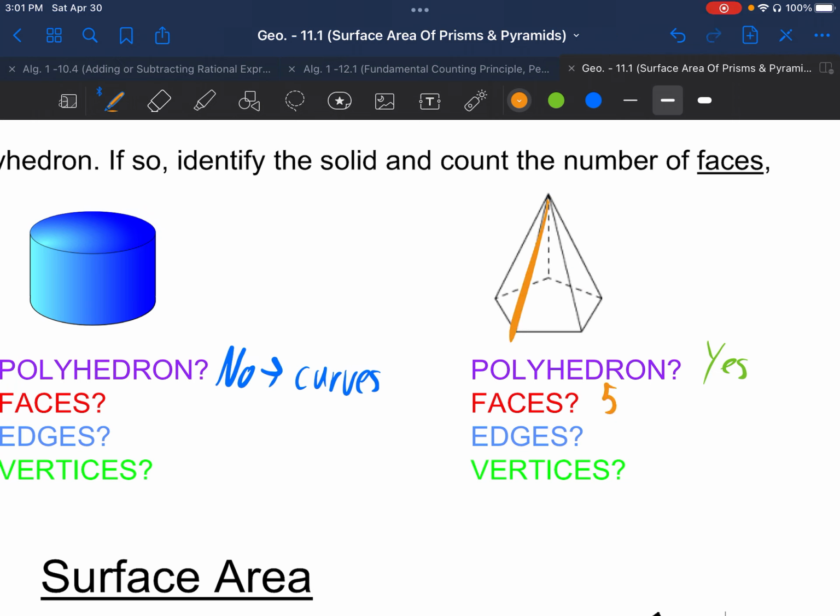Number of edges, once again, that's the line segments: 1, 2, 3, 4, 5, 6, 7, 8, 9, 10. And then how many vertices? 1 at the top, and 1, 2, 3, 4, 5 more on the bottom. So that makes a total of 6 vertices.